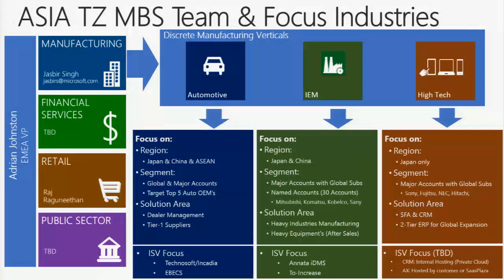But right now they already have manufacturing and retail. Retail is Raj Raghunathan, manufacturing is Jasbir, and their key verticals are automotive, IEM, and high tech. And they've got some great names already out there. I think we've got the Nissan name out there. That's a huge win.